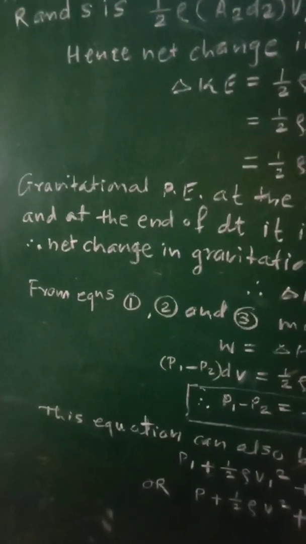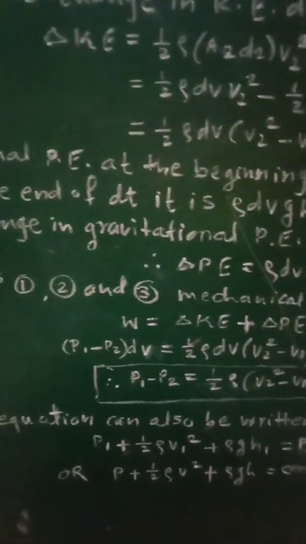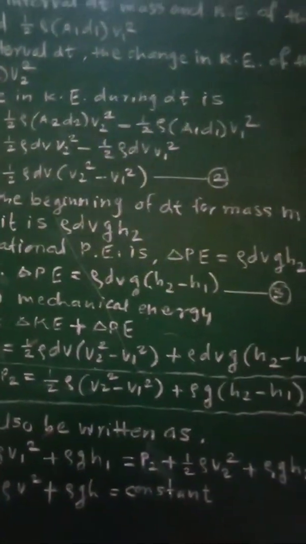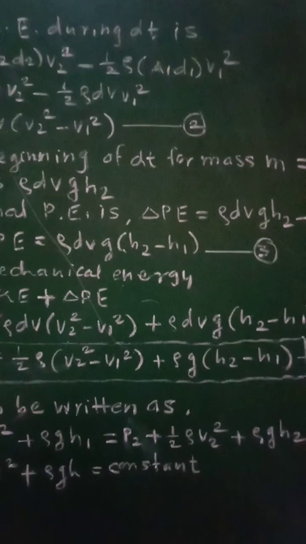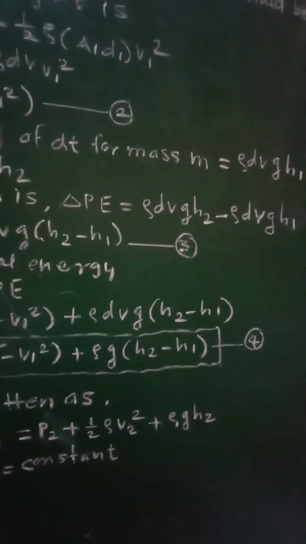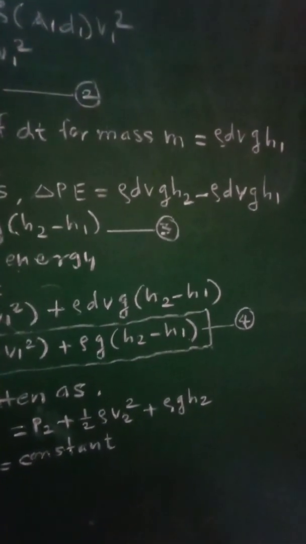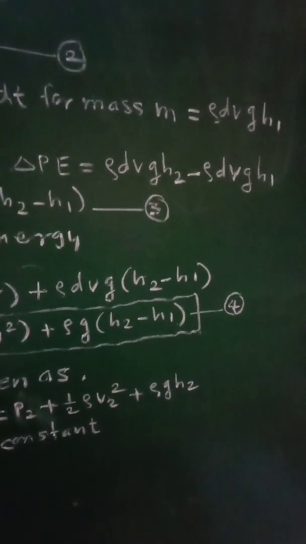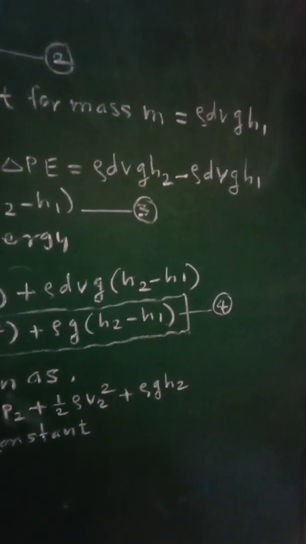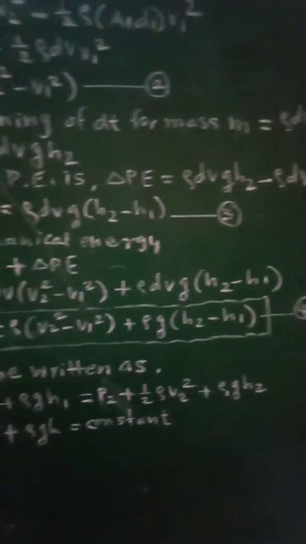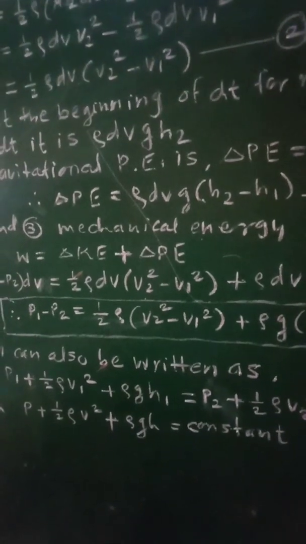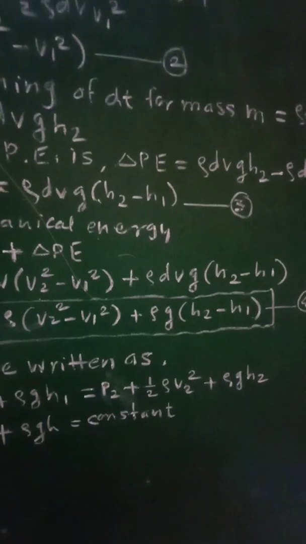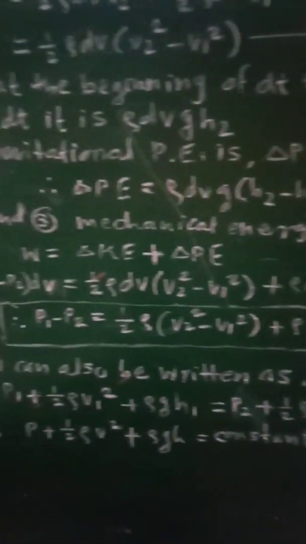Then the net change in the gravitational potential energy, delta P, is the subtraction of these two, again final potential energy minus initial potential energy, that is rho dV g h2 minus rho dV g h1. So delta P will be equal to rho dV g into h2 minus h1, equation number 3.